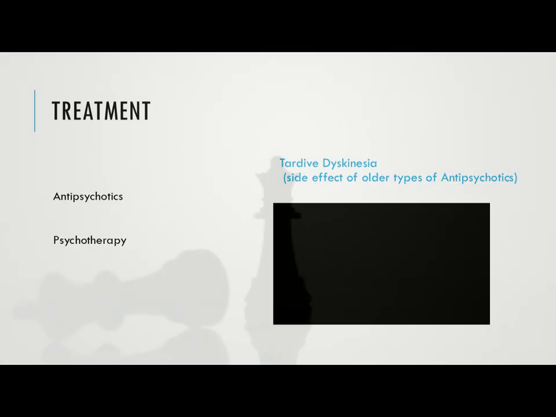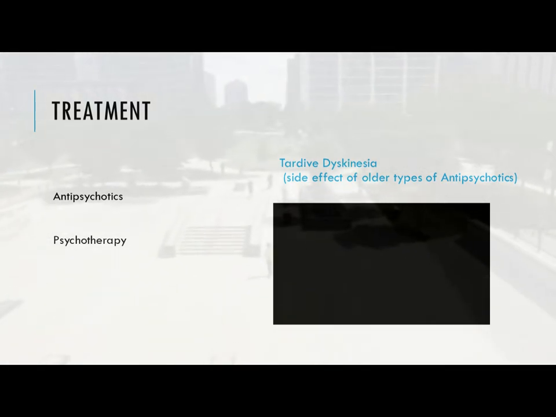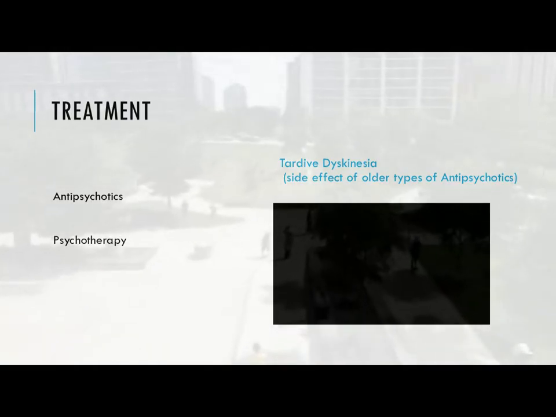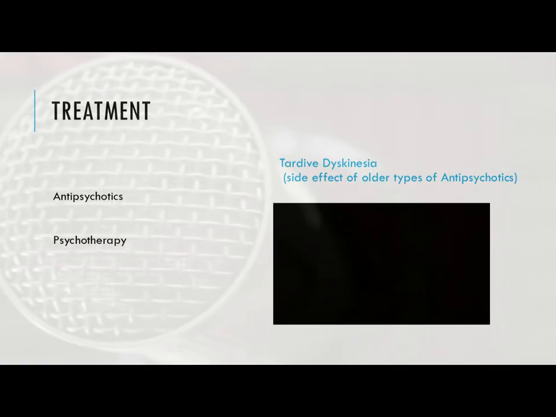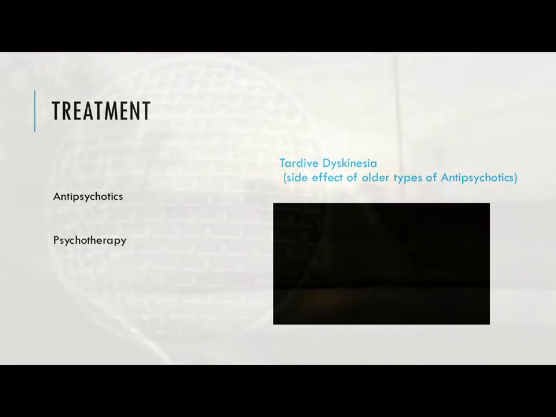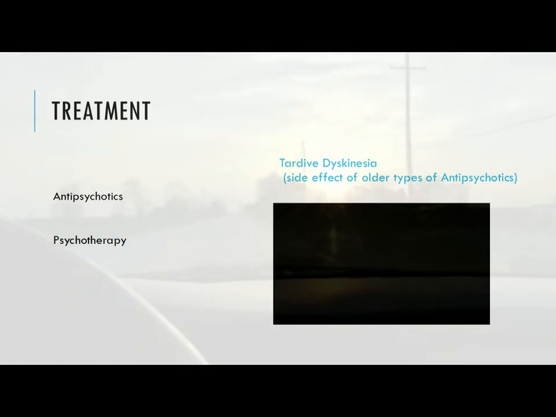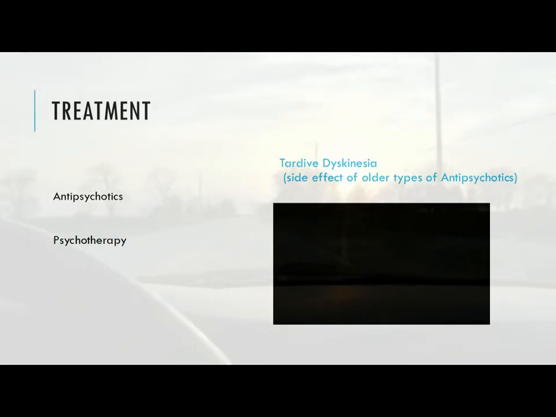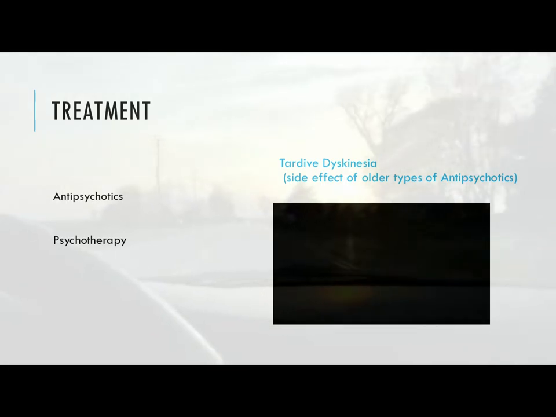They're generally preferred because they don't have the same motor-related side effects, but because serotonin also regulates your digestive tract and all sorts of other things, people do find that they gain weight when they take these, or they have other metabolic syndrome, or they just feel tired. They feel kind of like they're being sedated in some way. So there can be some side effects with these as well.